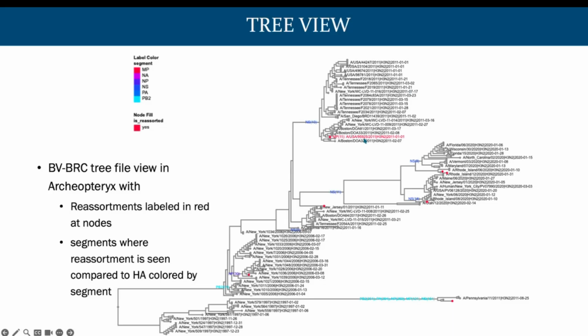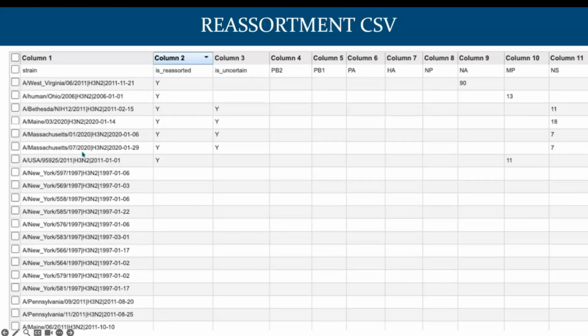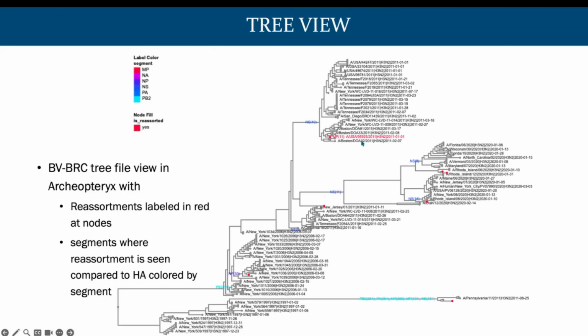For example, this MP11, that 11 is the nucleotides that were different for the reassortment. And for this AUSA 95925, if we go back to the table, you can see that is this reassortment event at MP, and that 11 carries over.